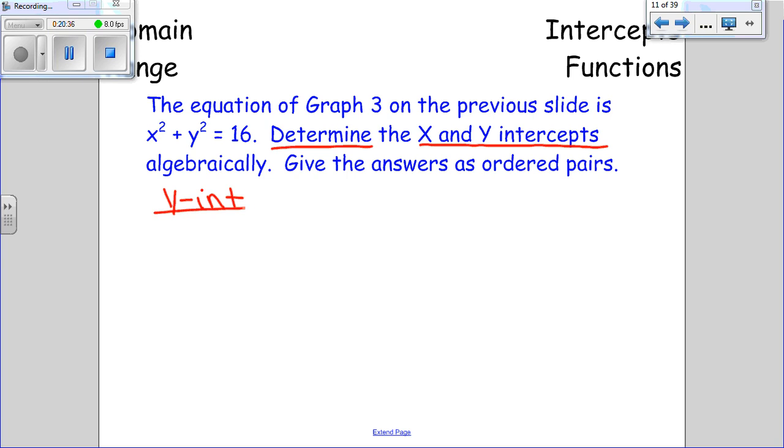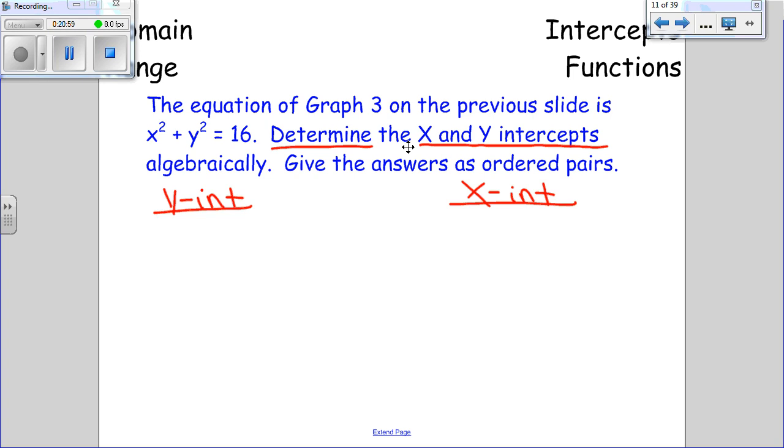To be able to calculate a y value or a y-intercept, I have to have an x value. What's my x value? How do I know it was 0? It always is. All y-intercepts have an x value of 0. X has to equal 0.